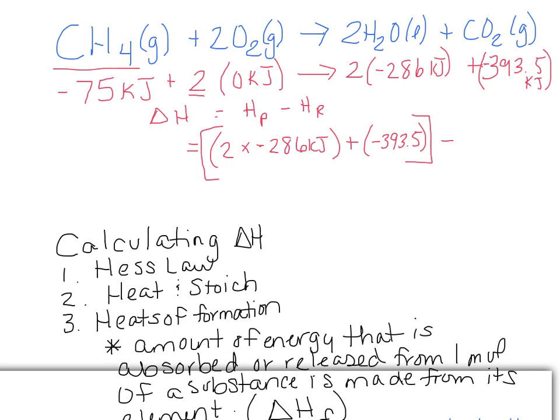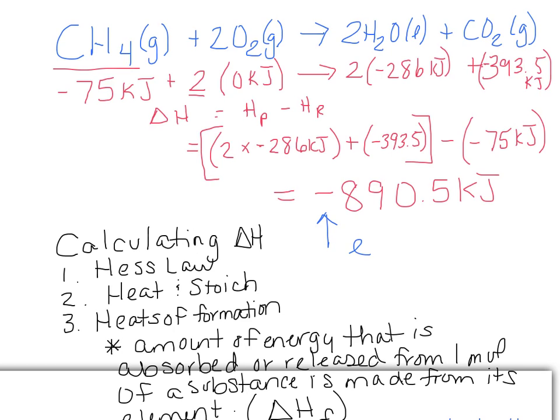From that, you're going to subtract a negative 75 kilojoules because it's minus the reactants. When you punch that into your calculator, you're going to have negative 890.5 kilojoules. Remember, this negative value tells you that this is an exothermic reaction, due to the fact that delta H is a negative value.